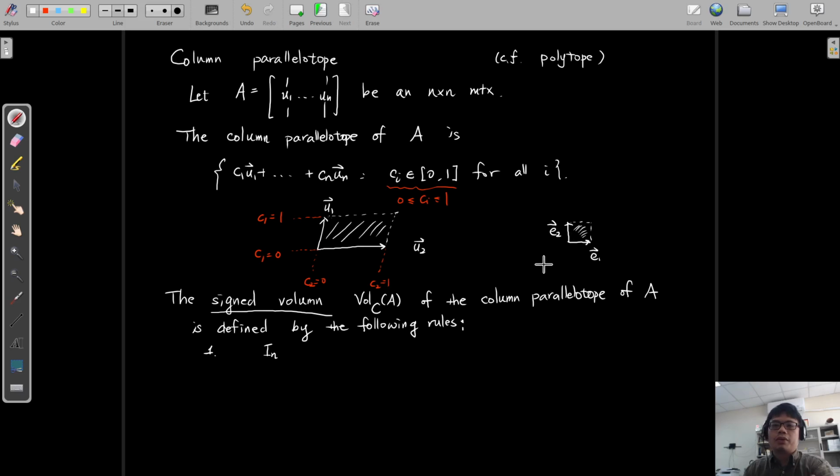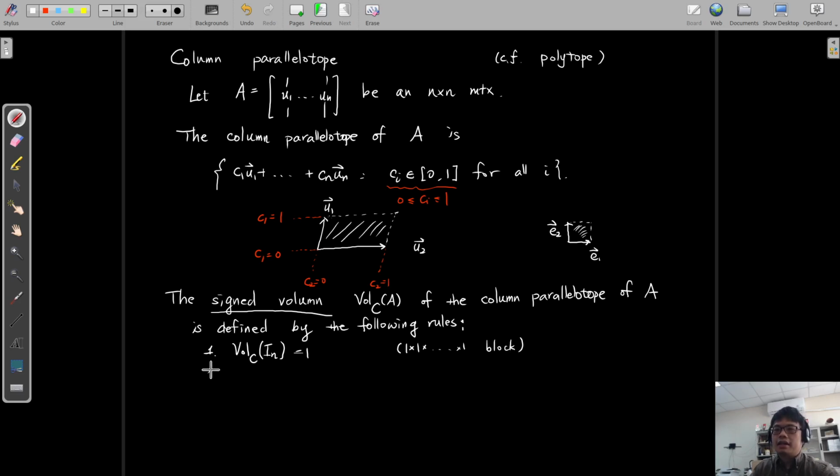It's a square for 2 dimensions. It is a cube for 3 dimensions. And in general, it is a 1 by 1 by 1 block. So for In, the volume of that is equal to 1. It's a very fundamental thing.